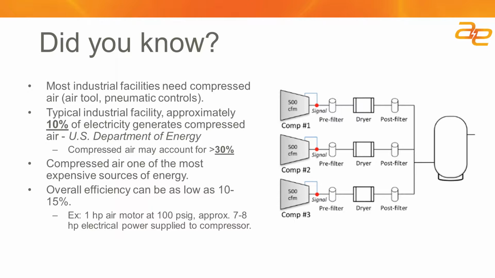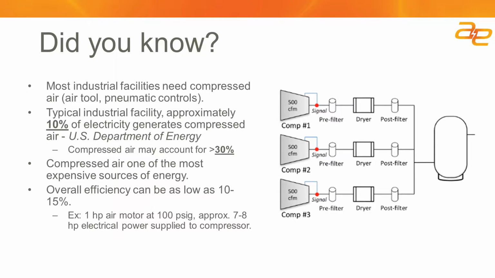Did you know that as much as 10% of energy use within an industrial facility is often allocated to the production of compressed air? And we do find that in some heavy industrial facilities it can be as much as 30% of the electrical consumption. To compound that, compressed air is generated through a very inefficient process.